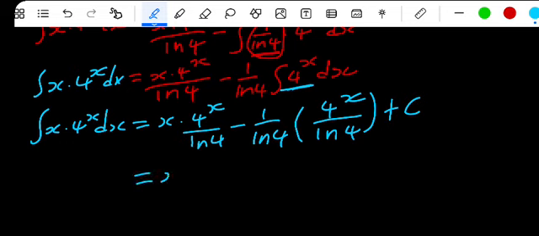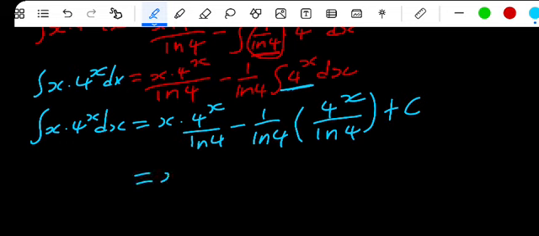So in actual fact, this simplifies to this. For that integral, the left hand side we still have this, and it simplifies to that. That is what we have there as an answer.